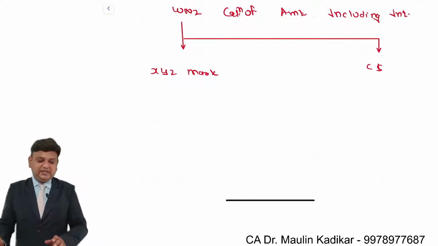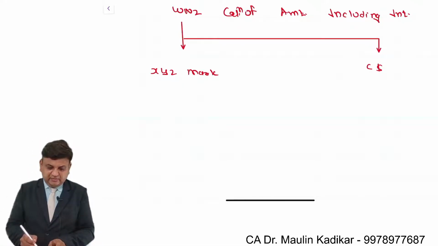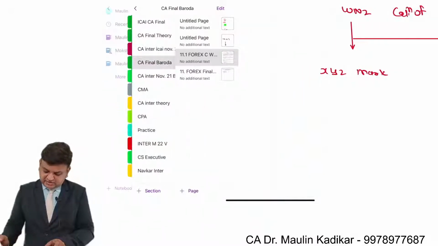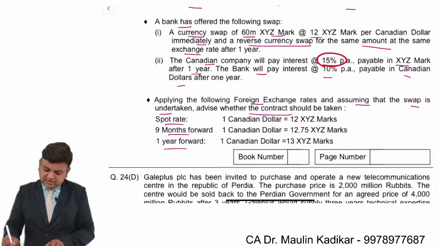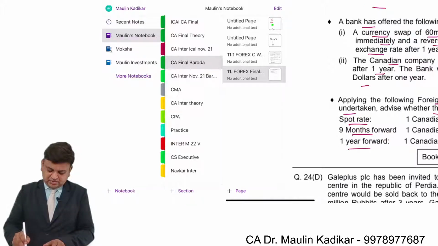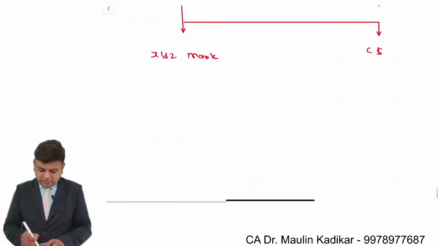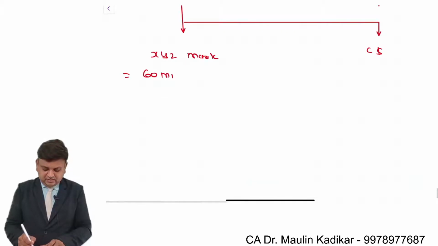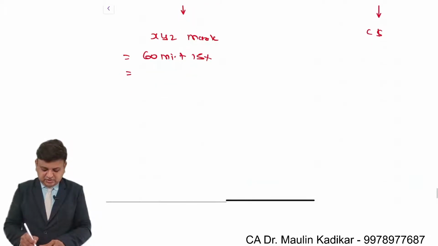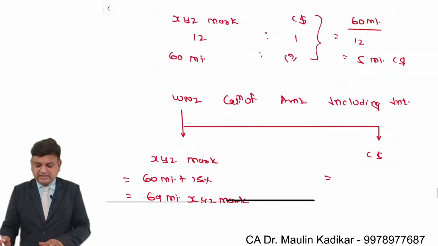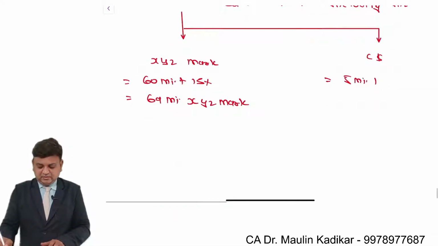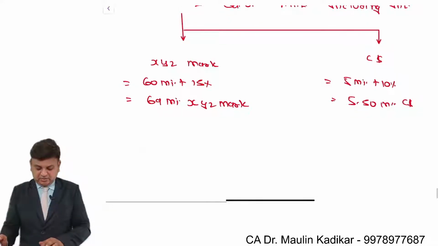The question provides that the Canadian company will pay interest at the rate of 15%, and the bank will pay at the rate of 10%. So we have to pay 60 million plus 15%, so 69 million XYZ mark. And the amount of the repayment that we will get is 5 million plus 10%, so 5.5 million Canadian dollar.